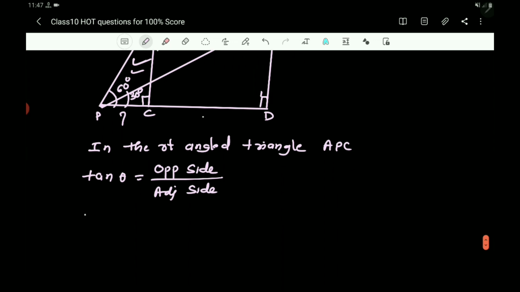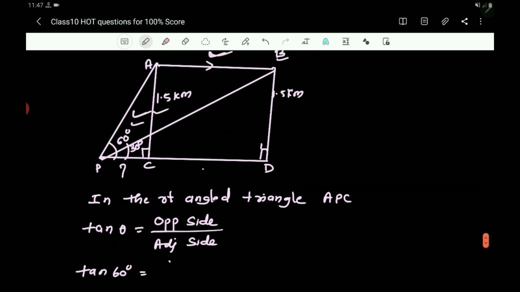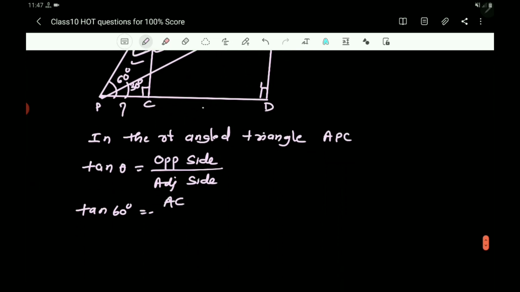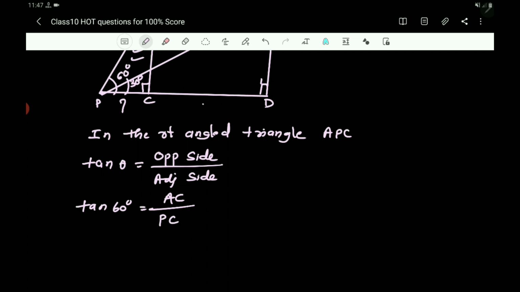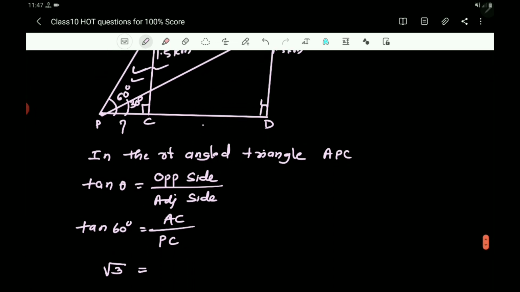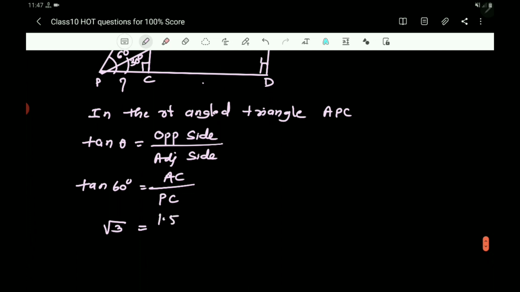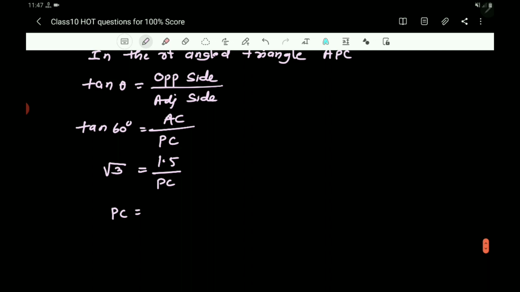So here tan theta is tan 60 degree. Opposite side is AC, and adjacent side is PC. Tan 60 degrees, you know, that is root 3. Root 3 is equals to AC is 1.5, AC is 1.5 by PC. So you got that PC is equals to 1.5 by root 3.